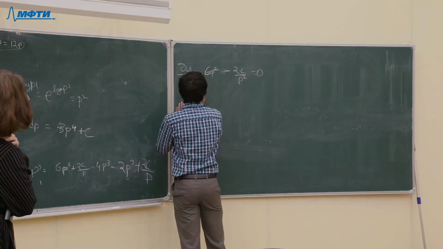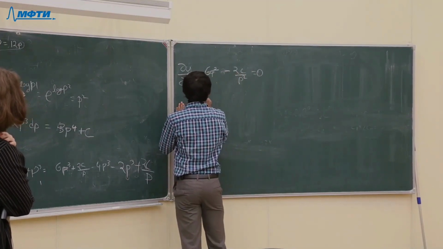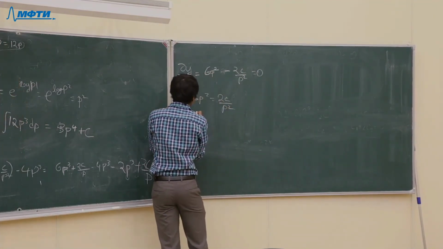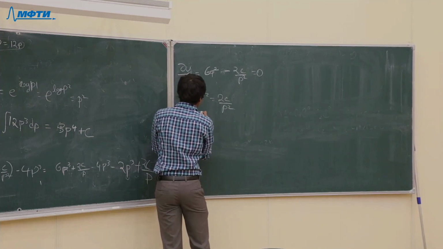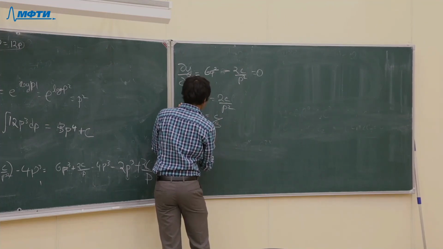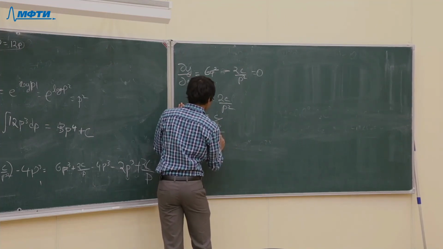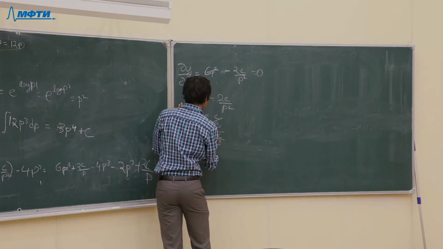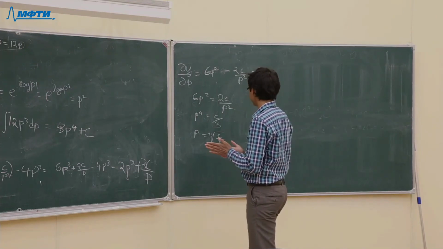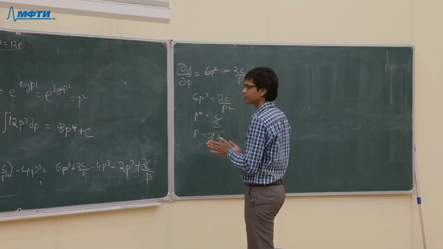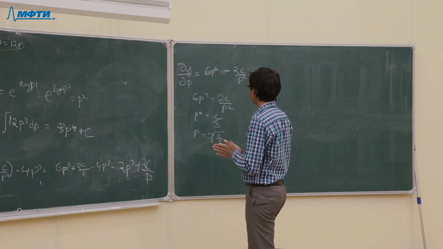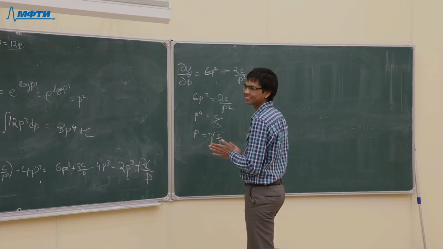But p squared should be the constant. So p, the root, but it depends on c, so it's not good.